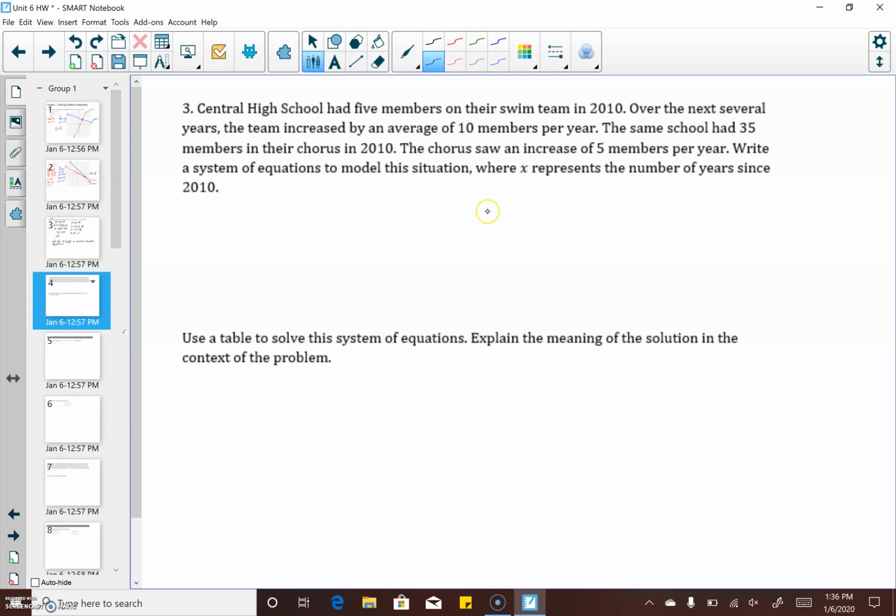All right, so let's look here. We've got to write 2 equations. One for the swim team. Well, what do we know? We know that the total number of people was, well, they started with 5, and every year they increased by an average of 10 members.